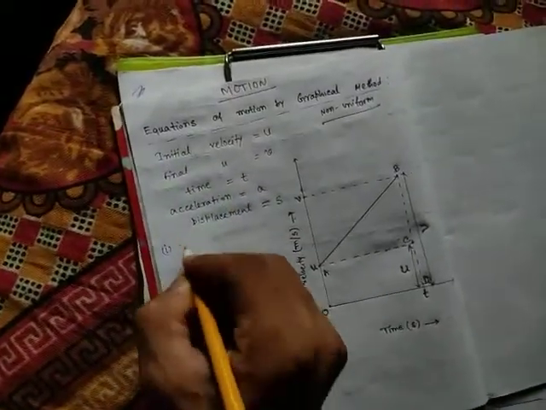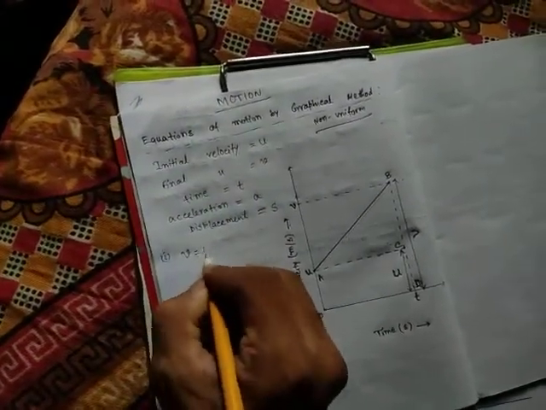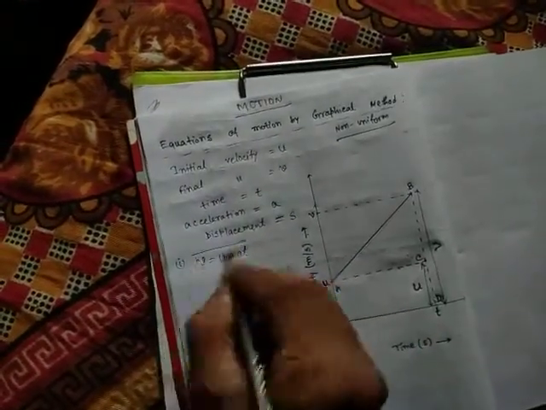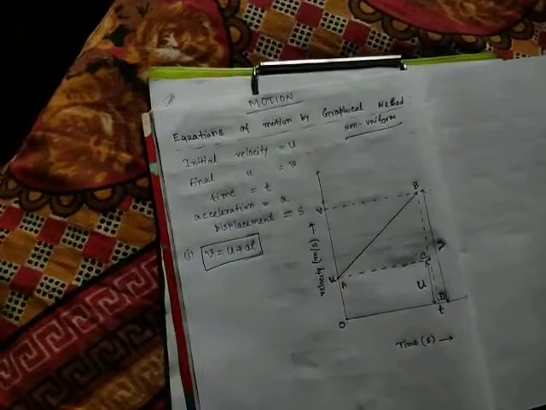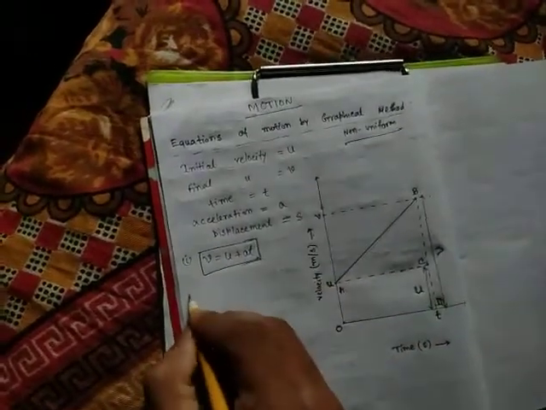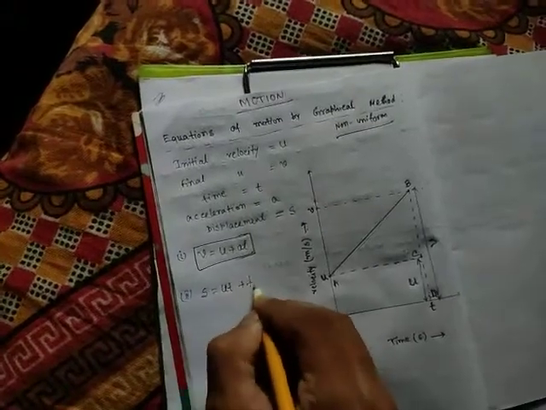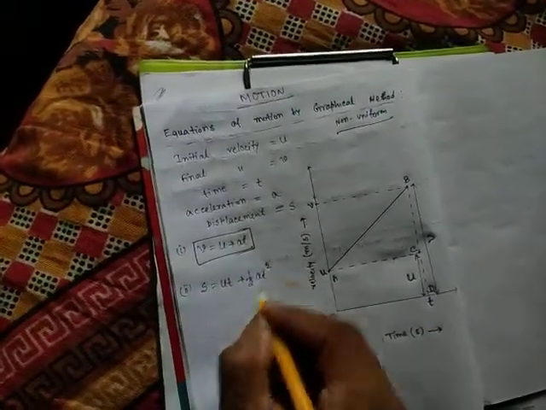I am writing the equations of motion. See, what is the first equation? You all know the first equation: v is equal to u plus at. Remember, these are all equations for non-uniform motion. Second one, s is equal to ut plus half at square.